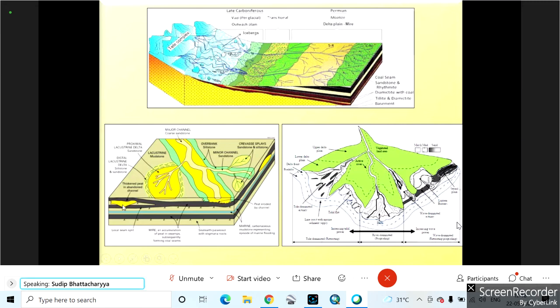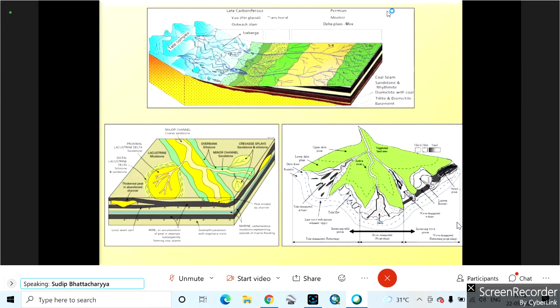And here also we are getting the second diagram, that is a deltaic diagram. It is deltaic, but not that much of delta. You can see that the lower seam there is almost continuous one, but in the upper seam there is splitting, and there are some sandstone here and there.